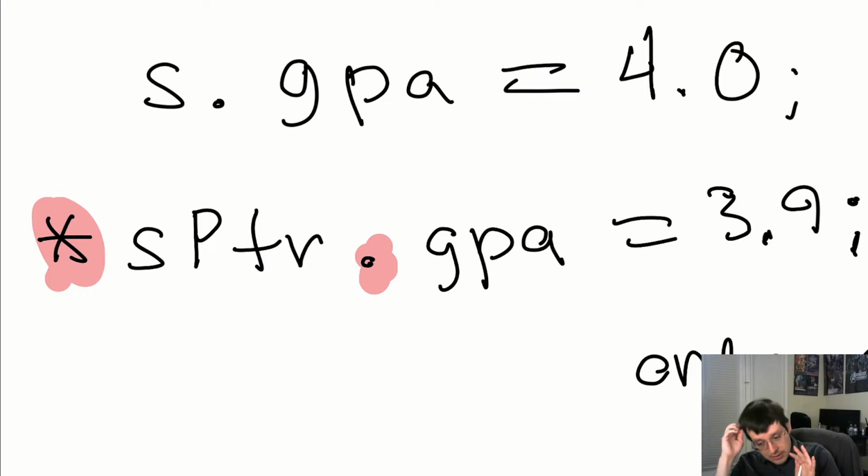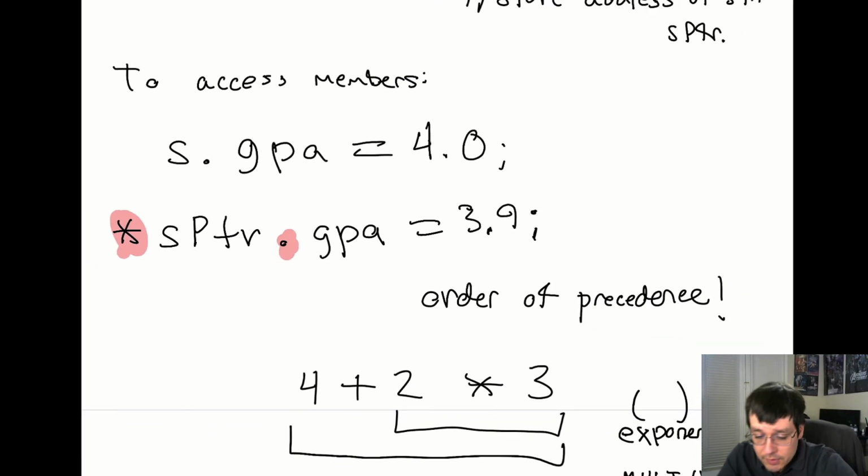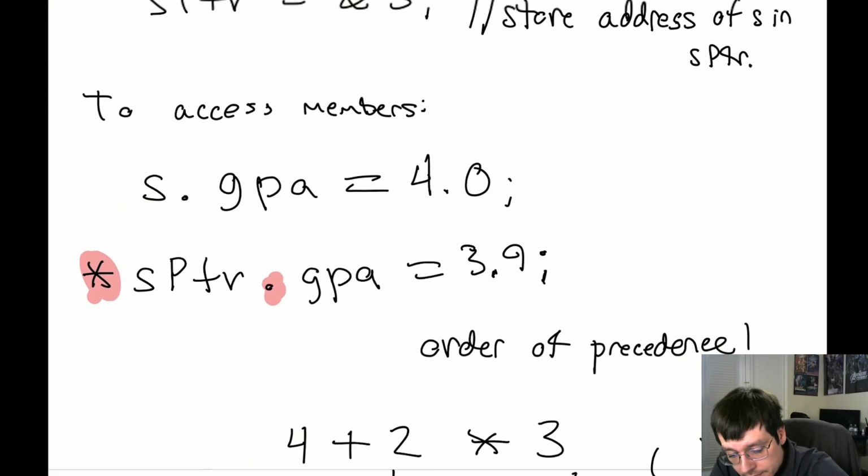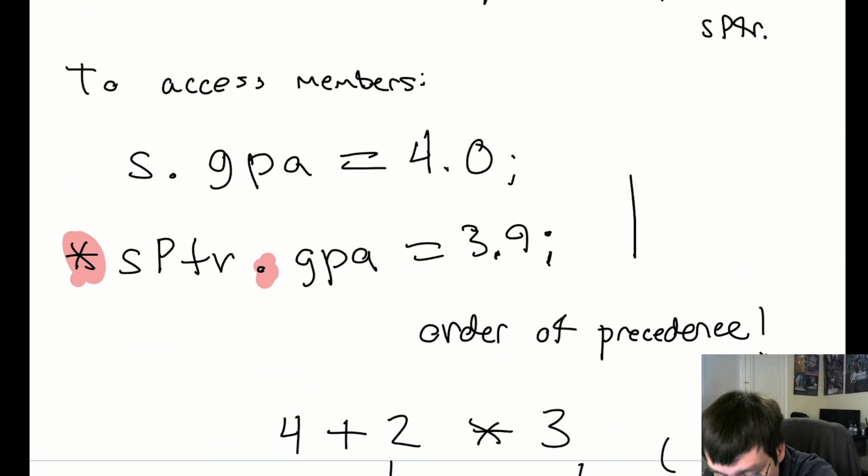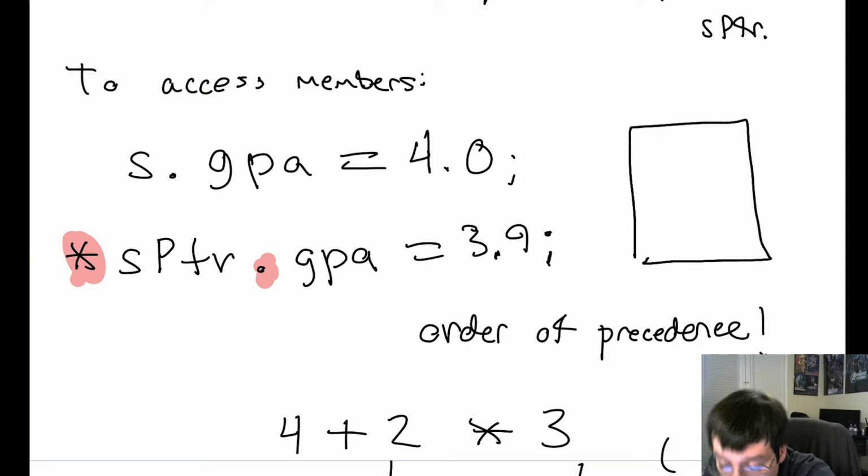So let's understand what is supposed to happen here, okay? If we look at memory, when a class is stored in memory, if you have a class with multiple variables, you usually just put them all together.